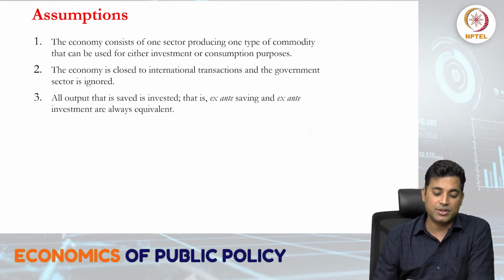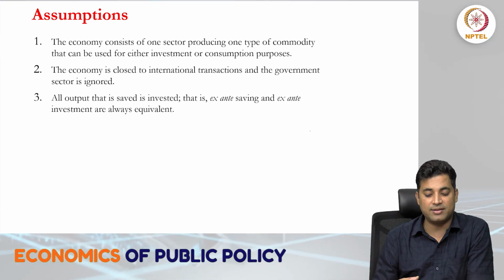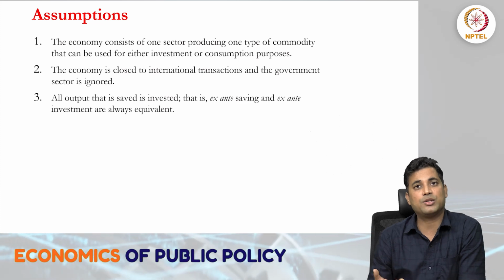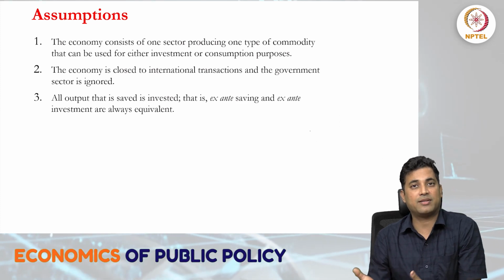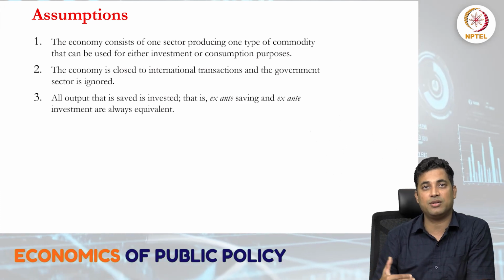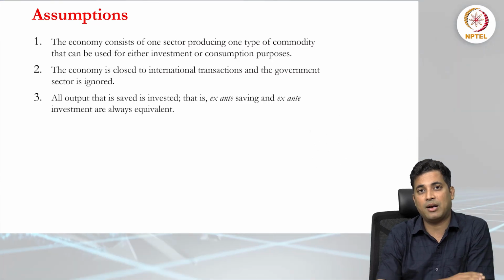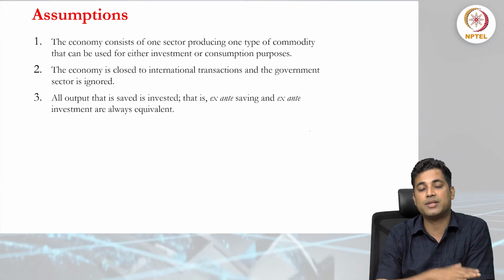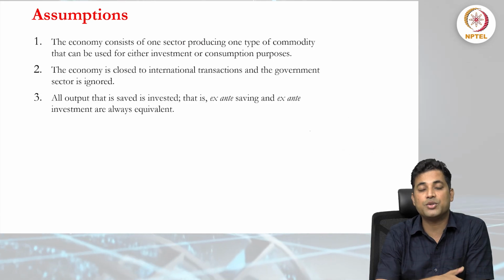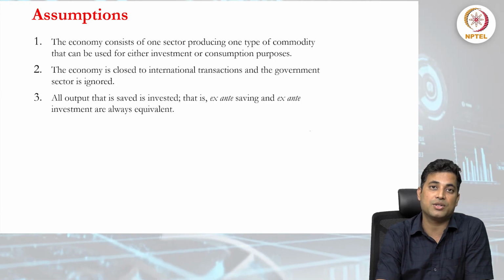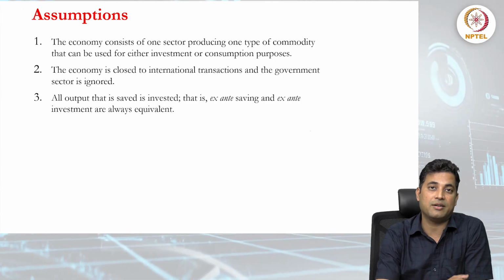All output that is saved is invested. This is also kind of a Harrod-Domar assumption, that all savings need to be invested. Savings is basically done by the households in the financial institutions, and then the financial institutions facilitate the investment.